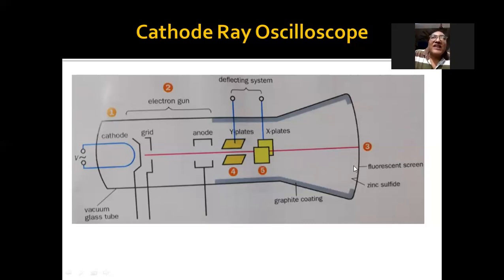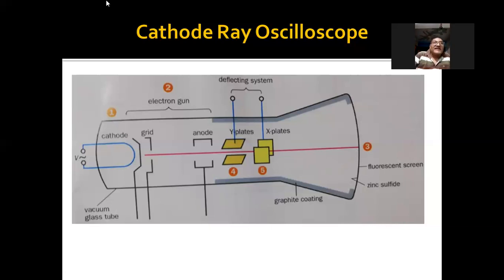What will happen on the screen of the CRO? Because the electrons are negative, they will be attracted to the positive plate, so the beam will move towards the right, for example.